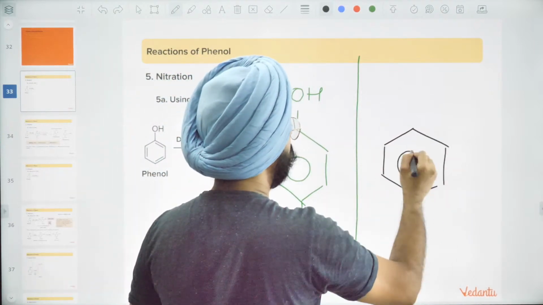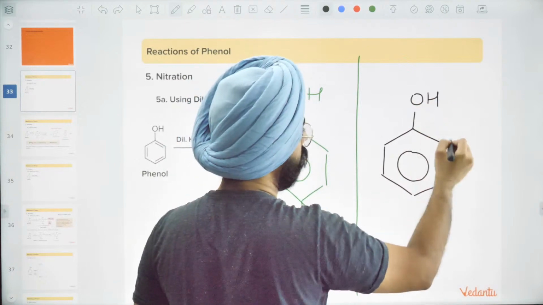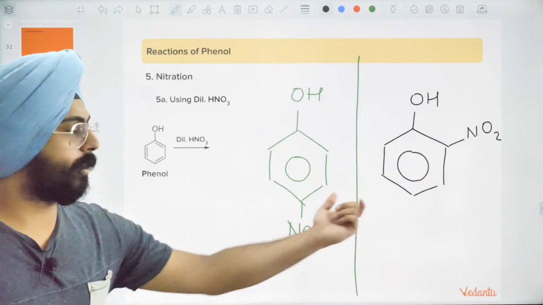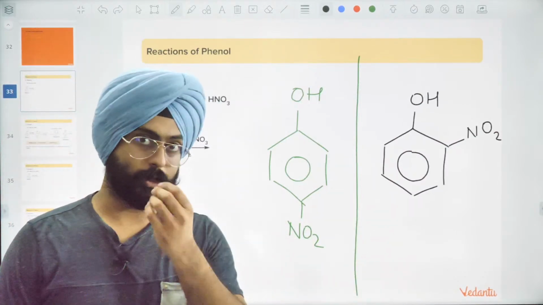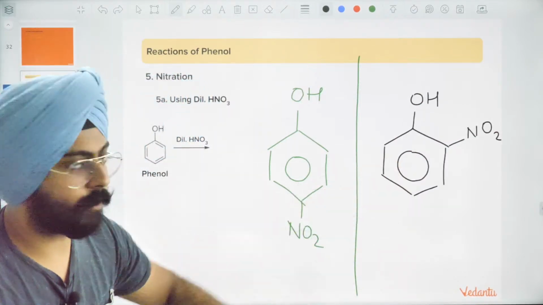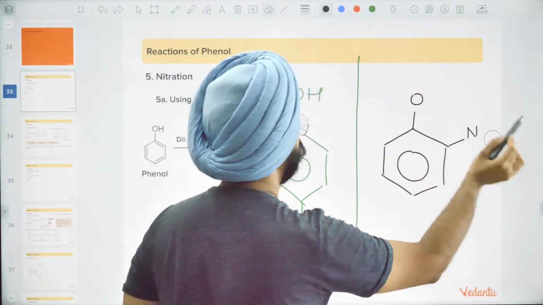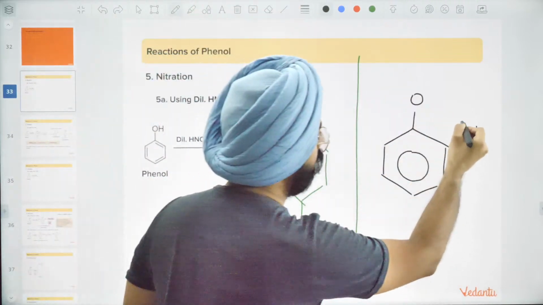You have to tell me which one of these is the more stable product. Para versus ortho, which one is more stable in nature? So let me try to draw that structure in a different manner so that you can understand a little better. Okay, let me show how it will look here.